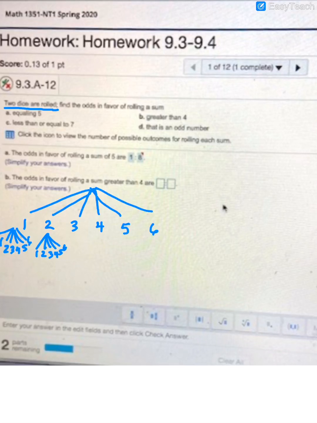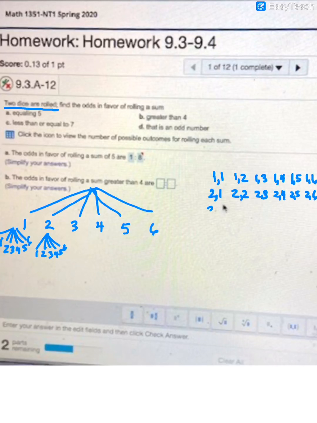And so I know that if the first die is a 1, the second die could be either a 1, a 2, a 3, a 4, a 5, or a 6. And if the first die is a 2, my second die could be a 1, 2, 3, 4, 5, or 6.